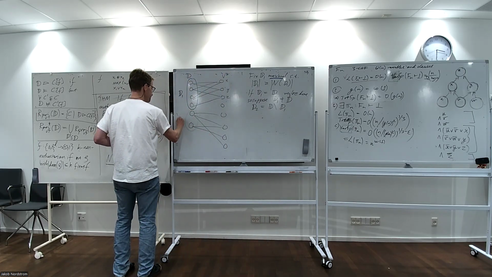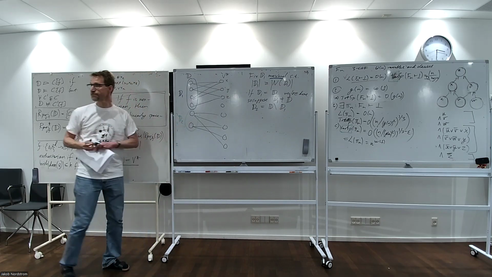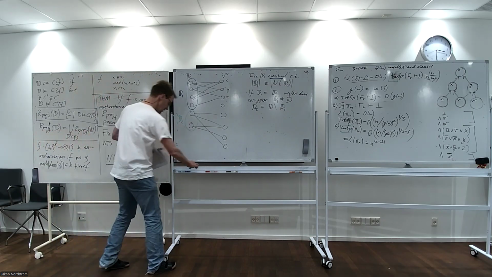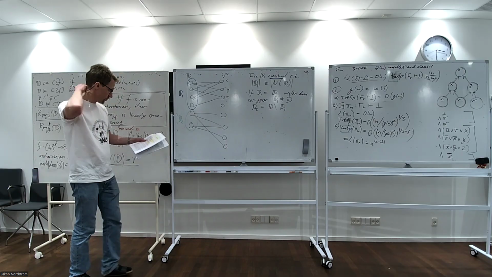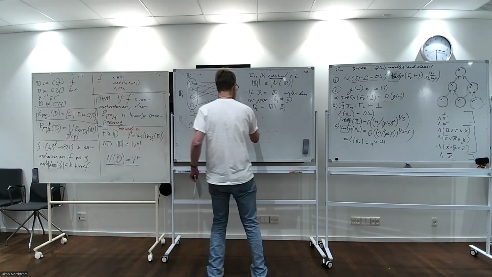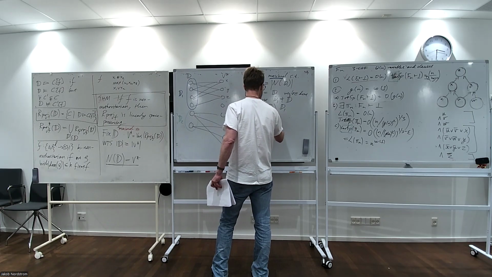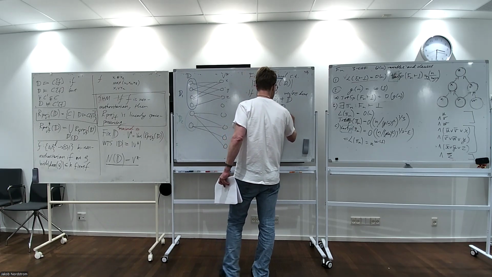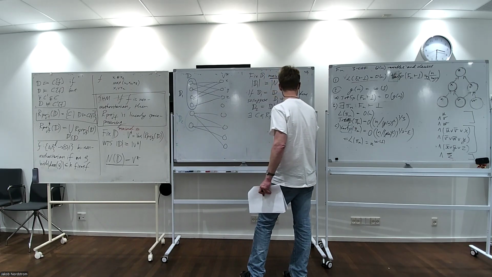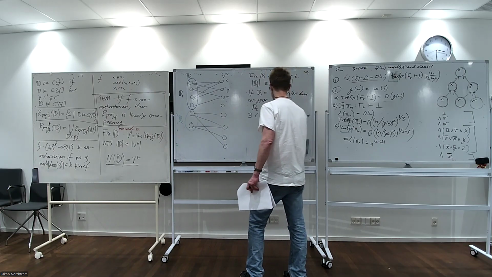Here's D2. I claim that there exists some C in the projection such that D1 does not project C.